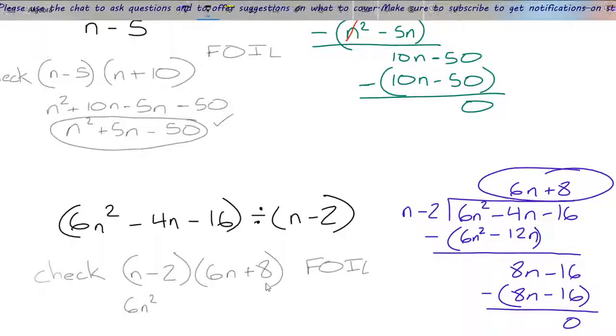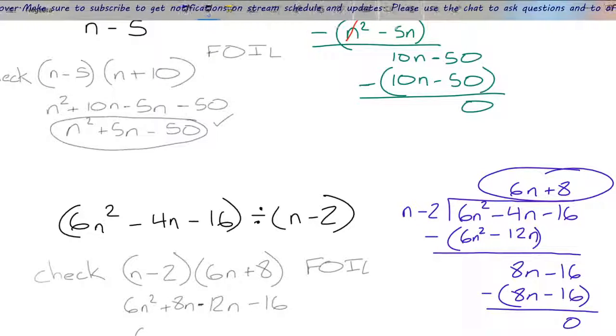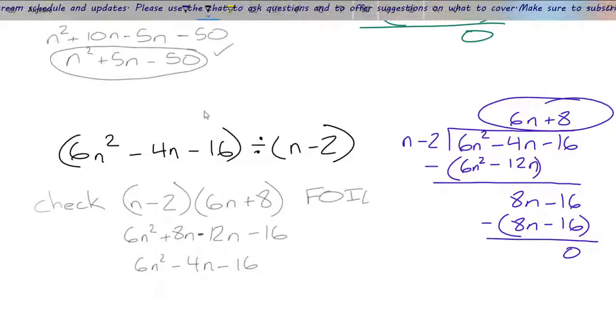Outer, n times 8, 8n. Inner, negative 2 times positive 6n, negative 12n. Last, negative 2 times 8, negative 16. Combine, or simplify, 6n squared, positive 8n minus 12n is negative 4n, and negative 16. Does this match what we were dividing? It does, so our check is good, so our answer is good.